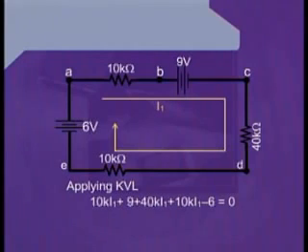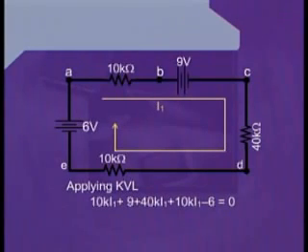Therefore, we will write minus 6, and after that we will pass through the 6-volt source to reach the point A, which was our starting point. Therefore, we equate all these terms to 0.